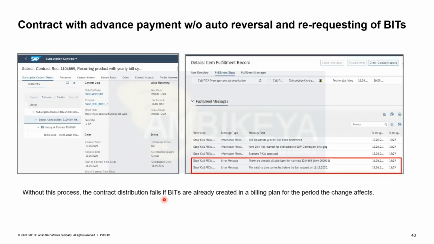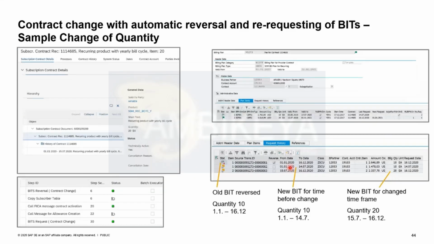Okay, so when we executed a change to a contract with advance payments, we used to receive an error that there are already billable items for the contract. So now we introduced automatic reversal.